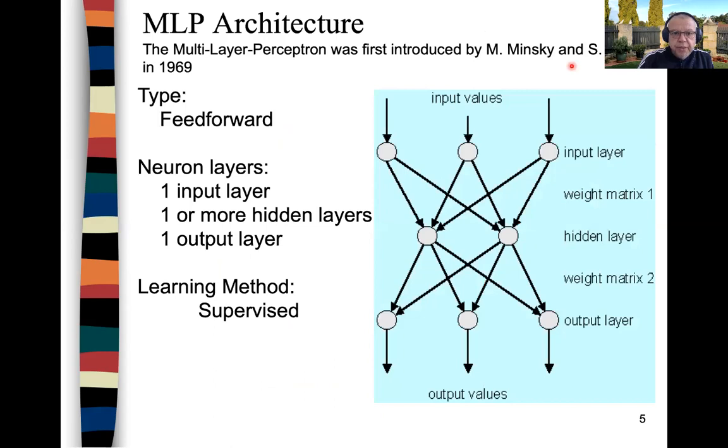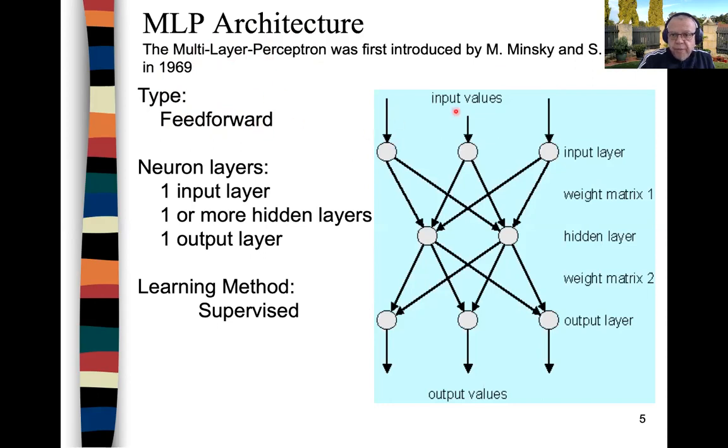Now, what is the multi-layer perceptron? You have the word perceptron here, and it has a number of layers, multi-layer. It was introduced in 1961, a while ago, and it's a feed-forward type of network, not a recurrent one.